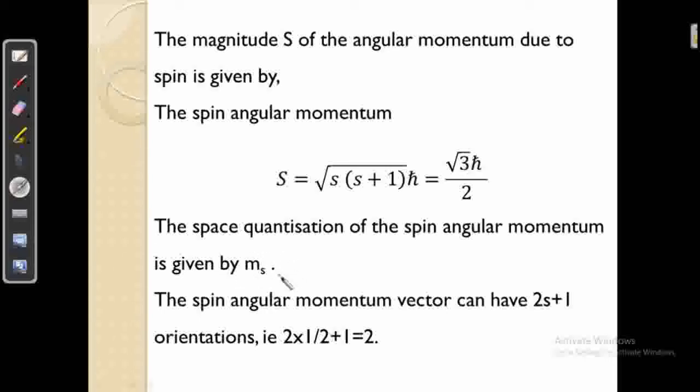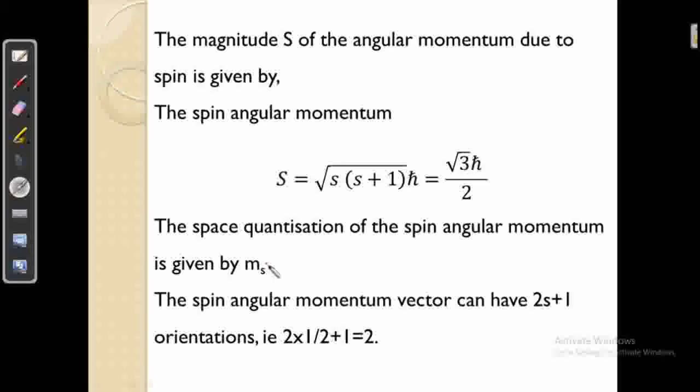The number of orientations is given by the value 2s plus 1. So s is half, so 2s plus 1 is 2. So there are two possible orientations associated with the spin. We can orient the spin angular momentum in two directions.